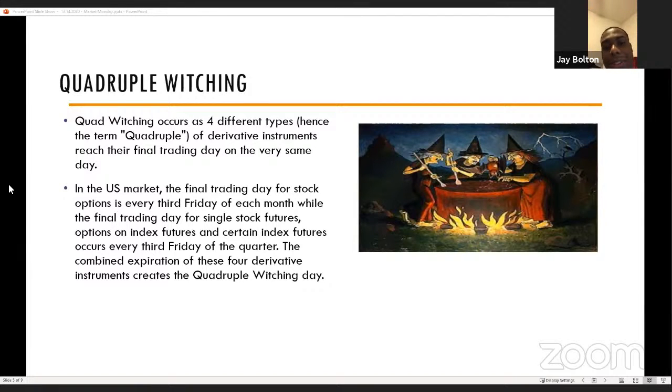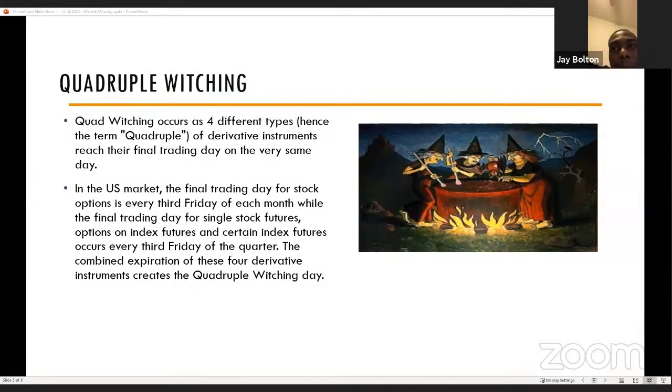And so quad witching occurs as 4 different types of assets expire in the financial markets at one time. So you have derivative instruments such as options, futures, commodities, and other things expiring on one set day.